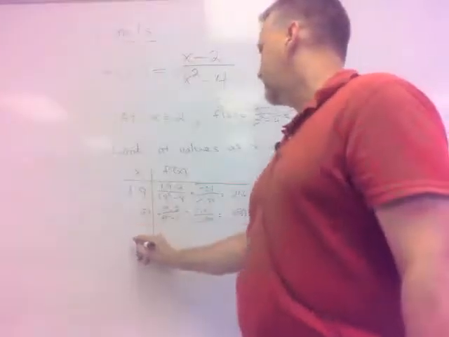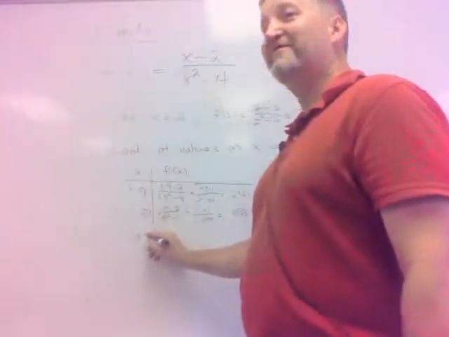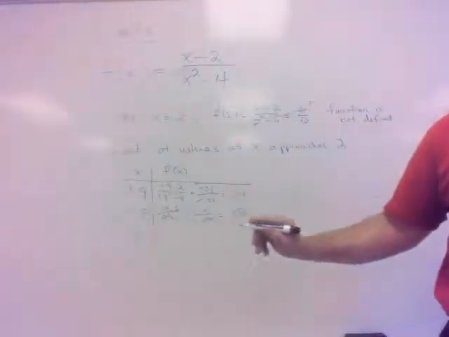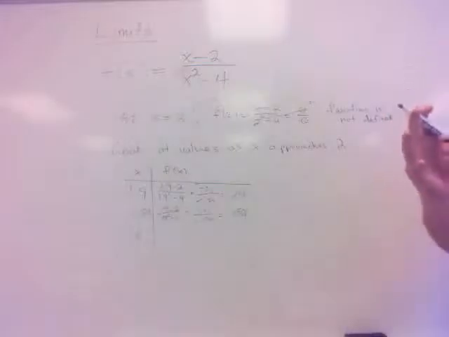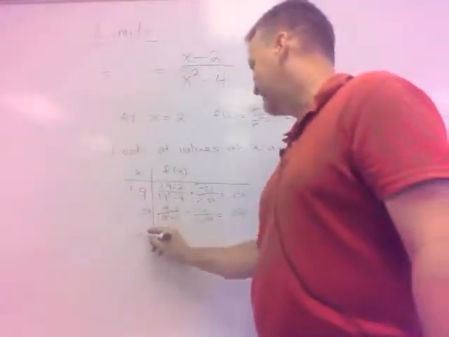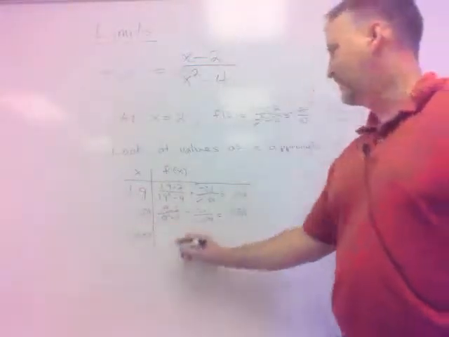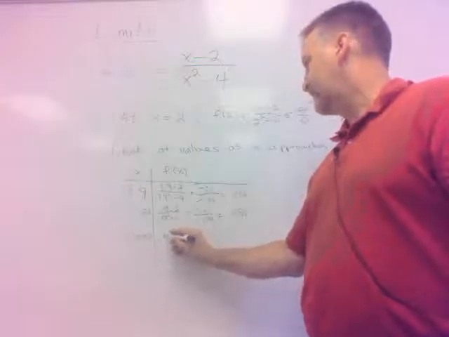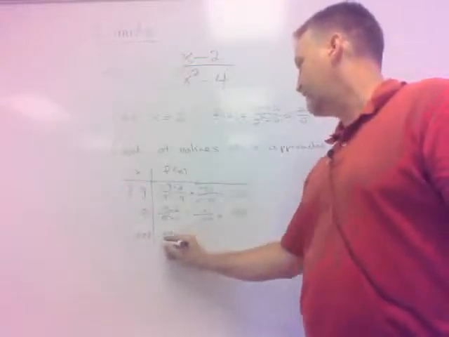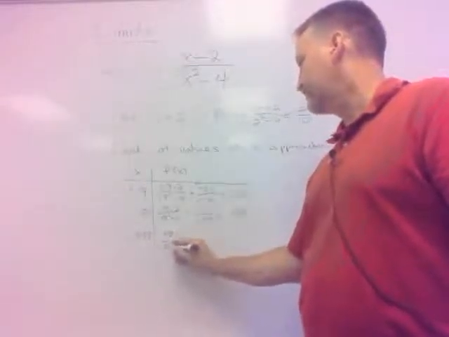And so what would be even closer? We did 1.9, 1.99, so how would it get even closer to 2? 1.999, you kind of see, and we could keep going with that. All right, let's see what we get here. 1.999 minus 2 divided by 1.999 squared minus 4.